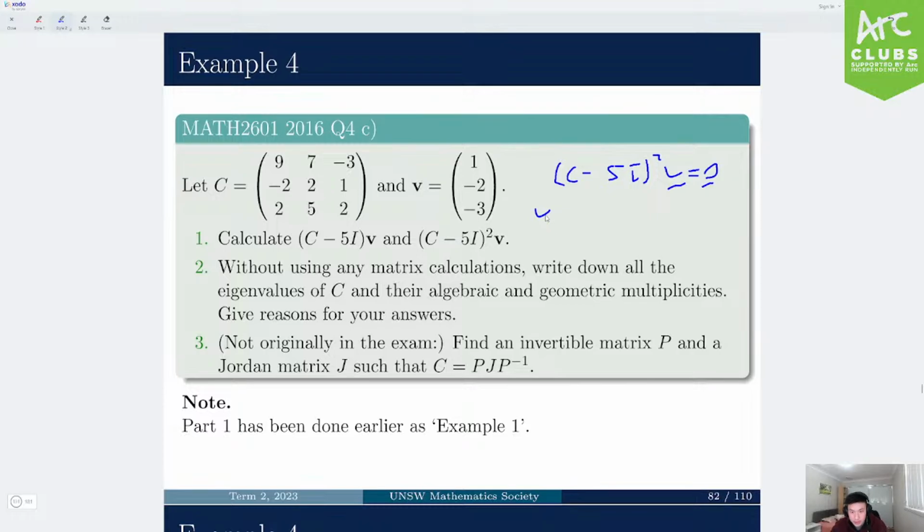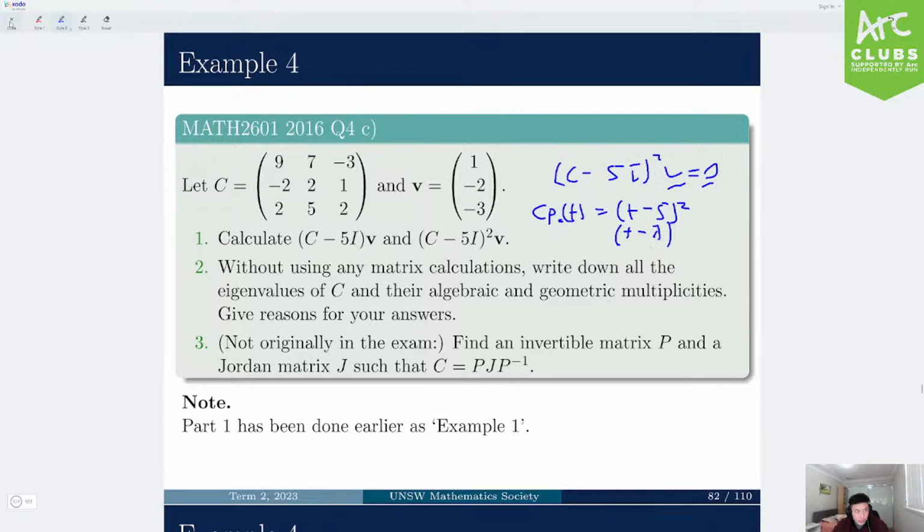Which means that our characteristic polynomial for C is going to contain t minus 5 to the power of at least 2. There's going to be some third factor here, t minus, just call it lambda. We don't know what this lambda is going to be. It could be 5 as well, or it could be a different number.